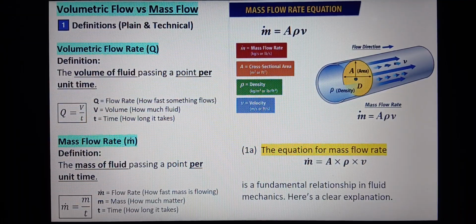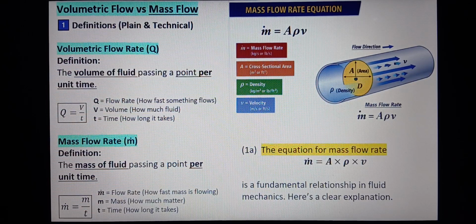In the diagram on the right hand side we see the formula. Mass flow is equal to A times rho times V, where M is the mass flow rate in kilograms or pounds, and A is the cross-sectional area in meters squared or foot squared, and rho is the density in kilograms per cubic meter or pounds per cubic foot.